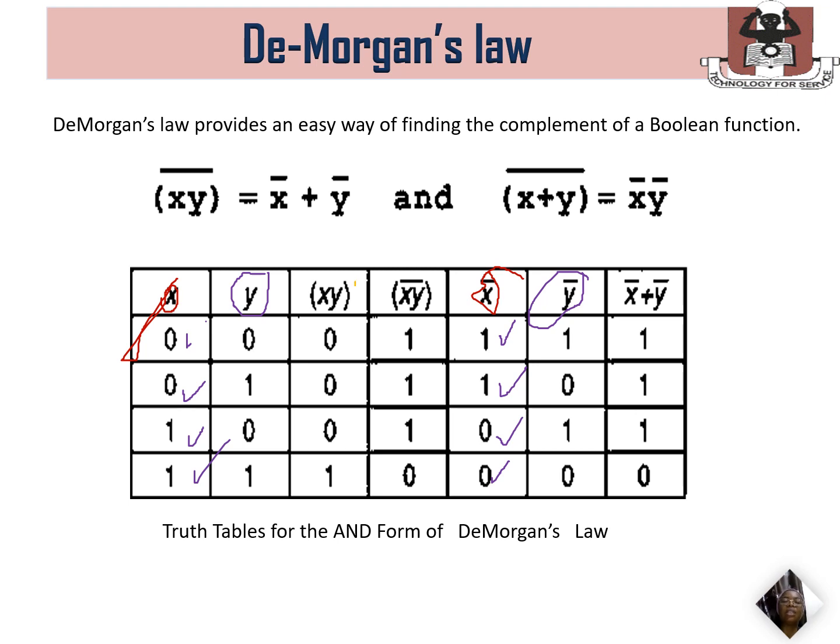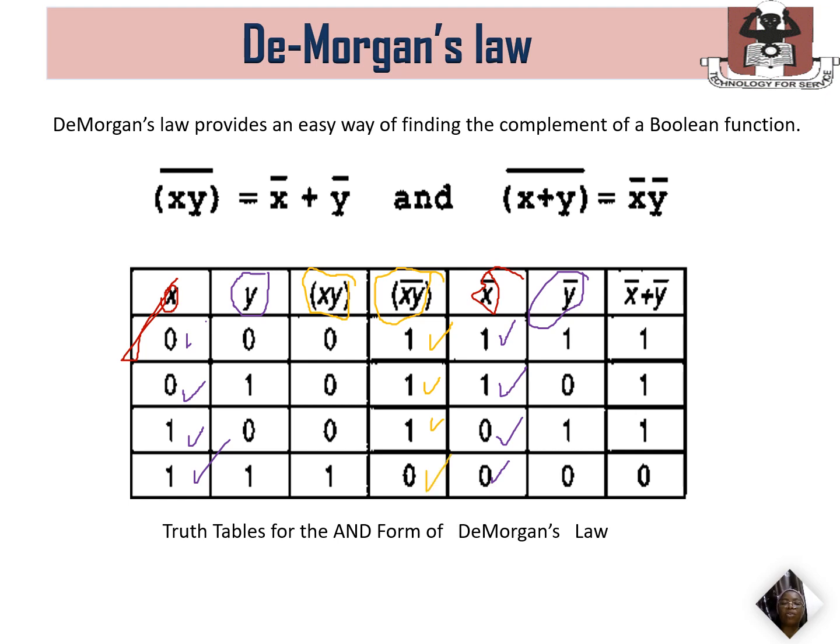So this product of sum of x and y identity has its not x and not y here, showing that you have the opposite of the output of this xy here. You have 0 and opposite 1, 1, and 1.